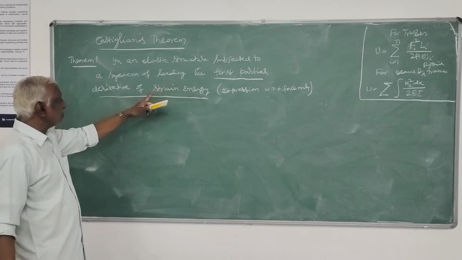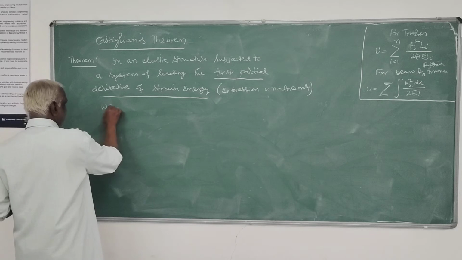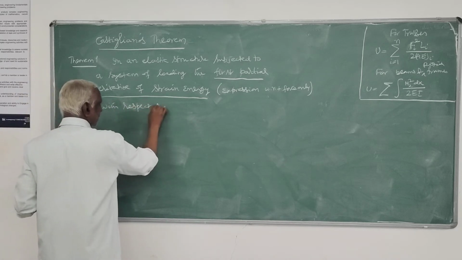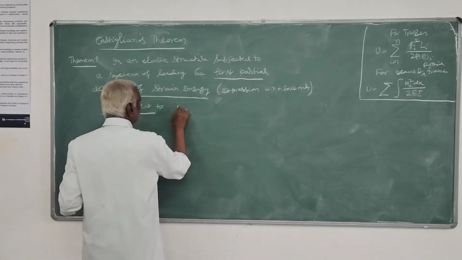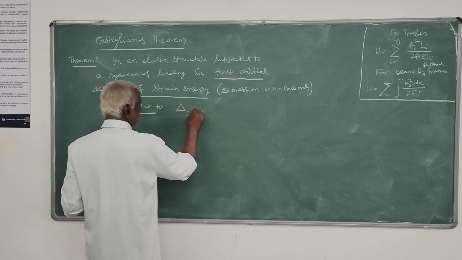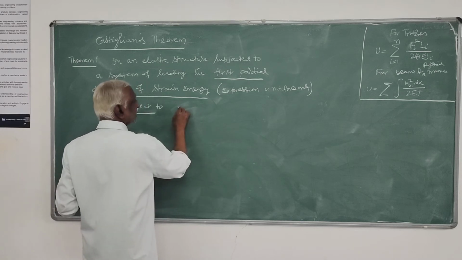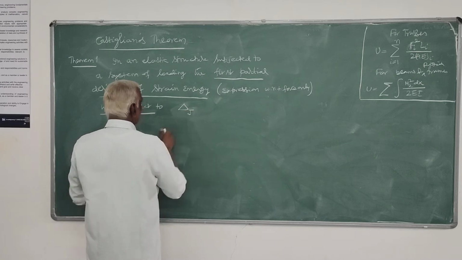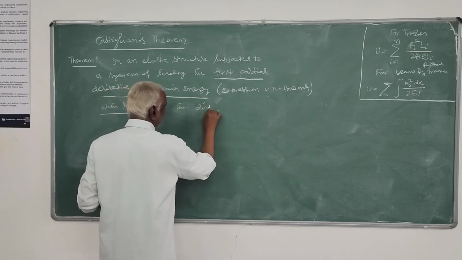So you have to take the first partial derivative of strain energy with respect to delta J, with respect to the displacement.